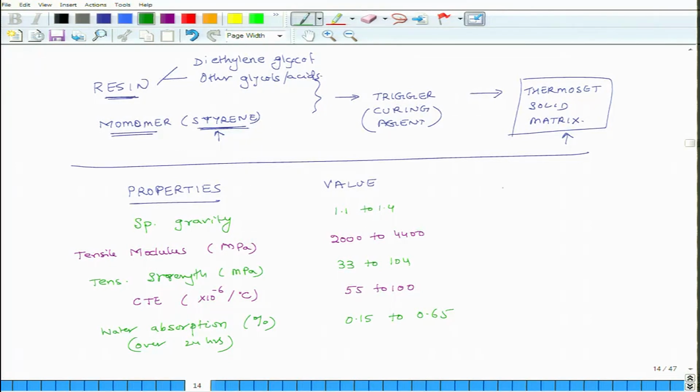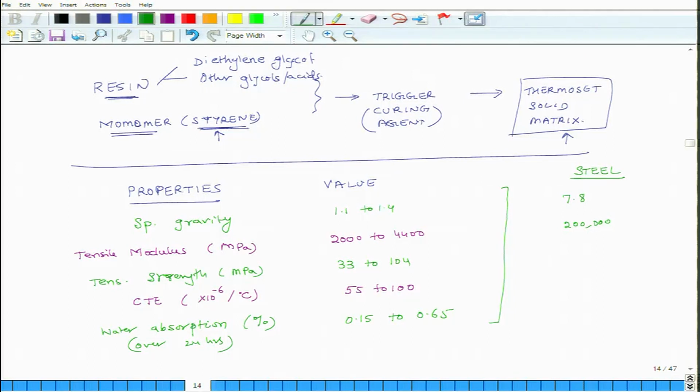Now, compare these with steel. Steel is the most common engineering material used in the world. Density is about 7.8 for steel. Tensile modulus will be 200,000. So, roughly the tensile modulus of this matrix material is 100 times less than that of steel.